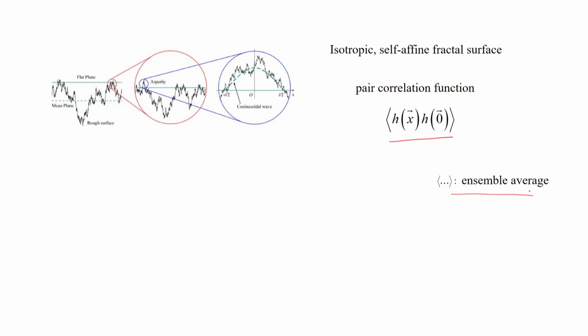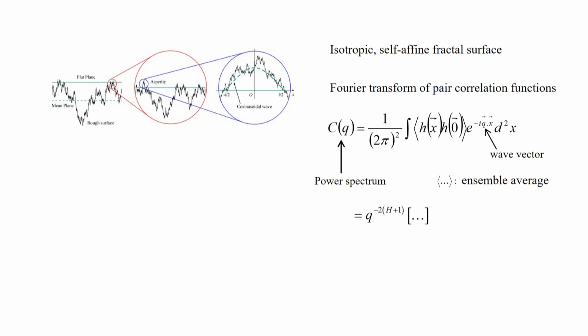Several such multiplications are taken and then you obtain the ensemble average. That is called the pair correlation function, and what is done is we obtain the Fourier transform of this pair correlation function, in 2 dimensions.